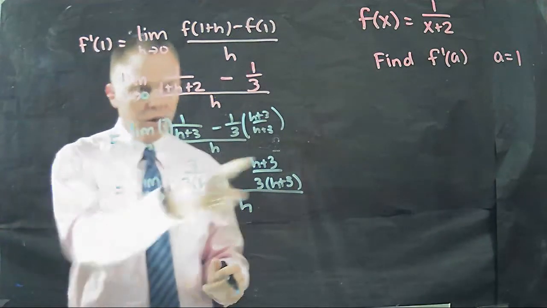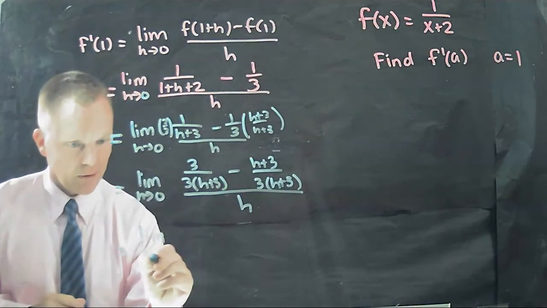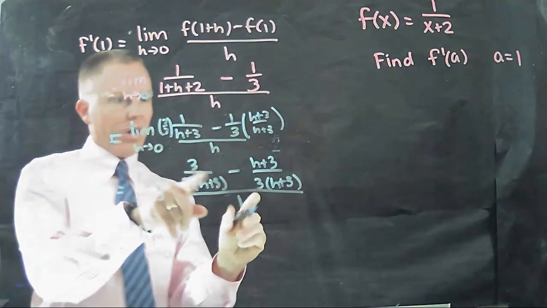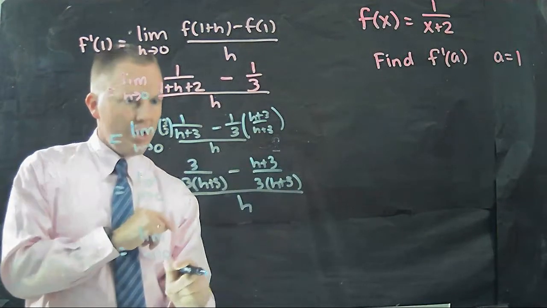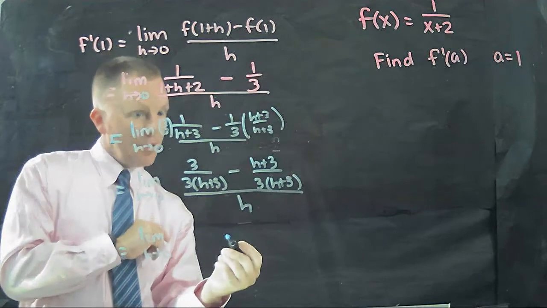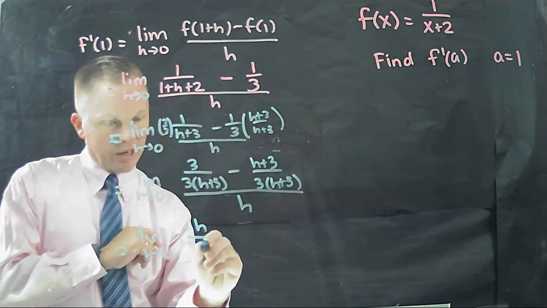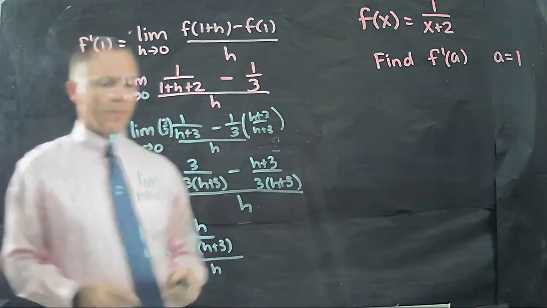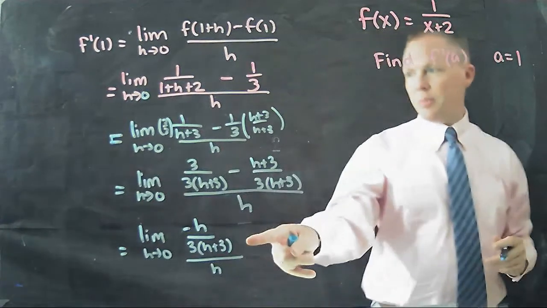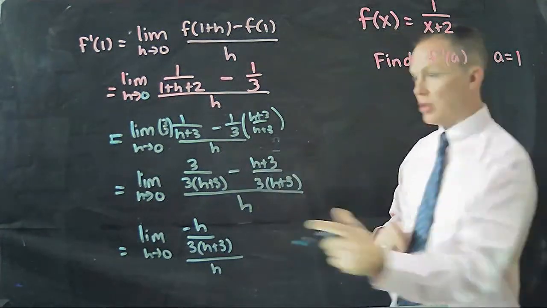Now I'm going to add those two fractions in the numerator together. The limit as h goes to 0. 3 minus h minus 3 is just going to be minus h in the numerator, over 3 times h plus 3, over h. Okay, so that's how the numerator simplifies after you add those two fractions together. And we're still all over h.